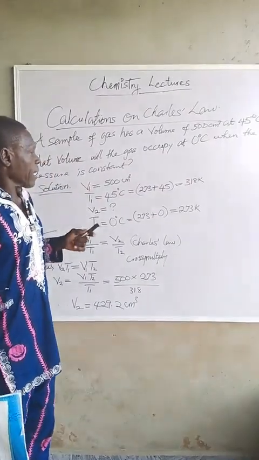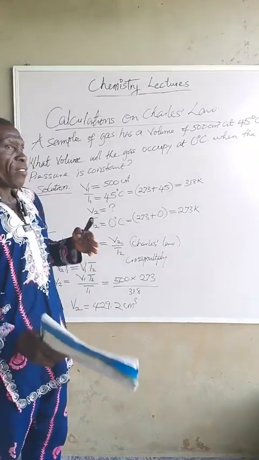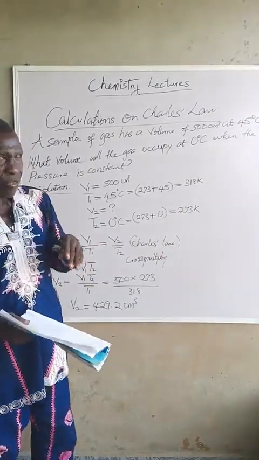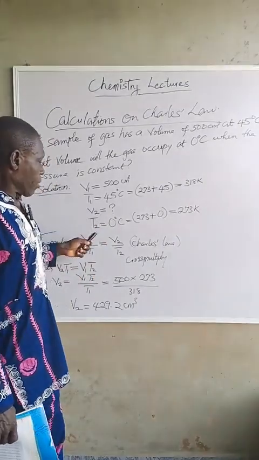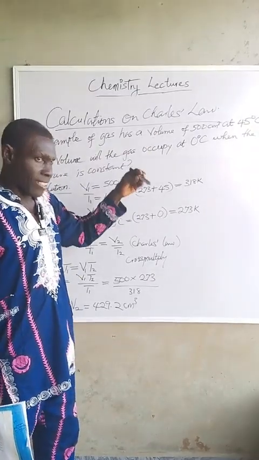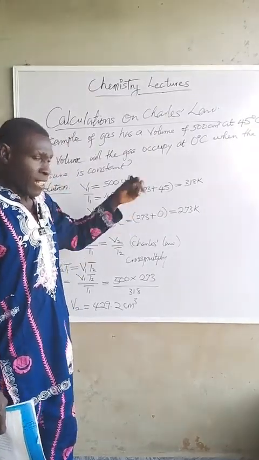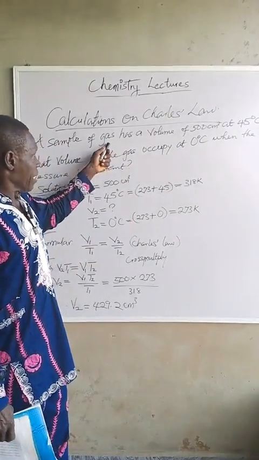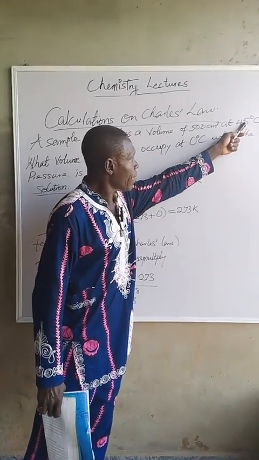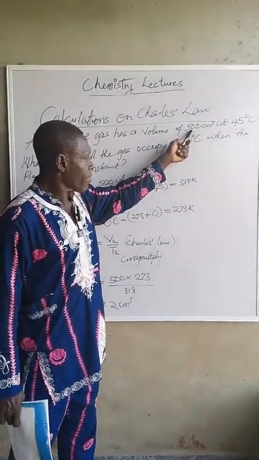If you are solving problems like this, before you go into solving, you can assess yourself. The law says that when the temperature increases, the volume also increases; when the temperature decreases, the volume also decreases. Here the temperature was 45 and the volume was 500.